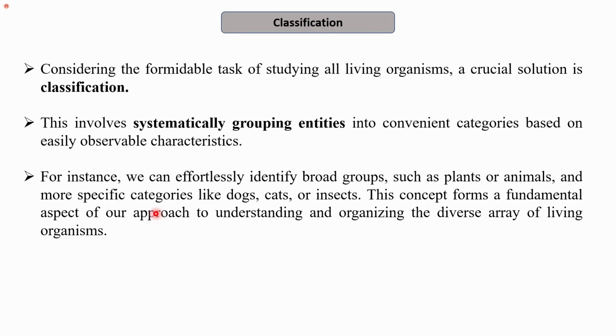Classification allows us to systematically group all the organisms into convenient categories that are based on easily observable characteristics. For example, we know plants, animals, and microbes are different groups in which we can classify organisms.